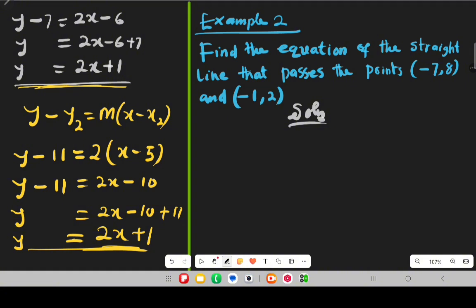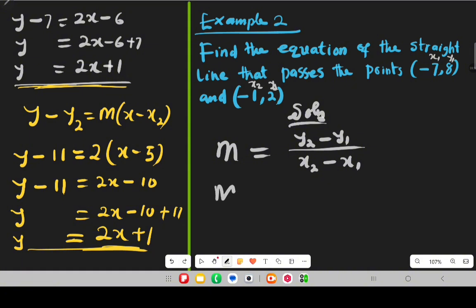Now, first step, we find the gradient of the points. Gradient is given as m equal to y2 minus y1 all over x2 minus x1. Then the 2 points are minus 7, 8, which is x1, y1, and minus 1, 2, which is x2, y2.